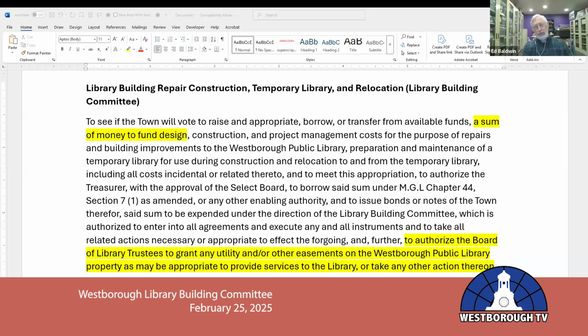So it gives the library trustees the power to grant an easement. And assuming this article passes, the trustees will grant an easement. We can actually have a meeting at town meeting to do that and be able to move right then. So unless there's comments, I think the question of easements is going to be resolved.